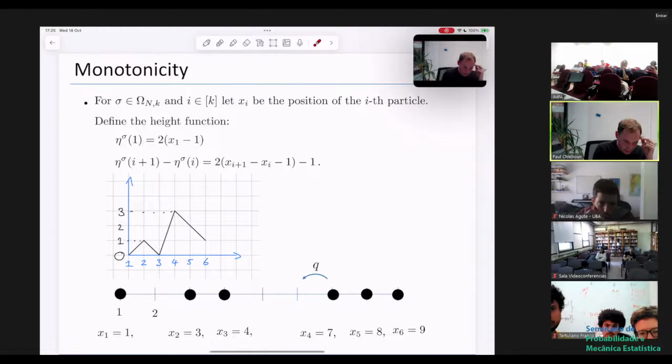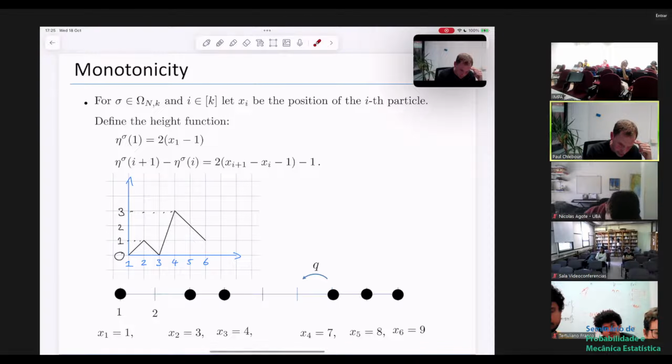Okay, then I define the height function as follows. So first fix the height of the leftmost point simply to be 2 times the first position minus 1. So in the picture down here, it starts from 0 because there's a particle already at site 1. And then you go up by 1.